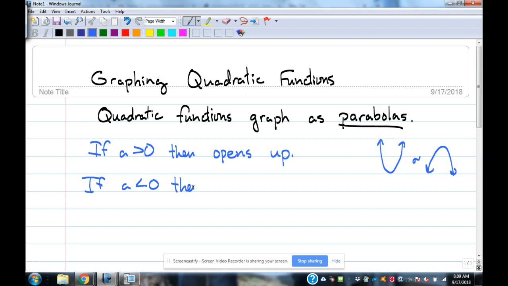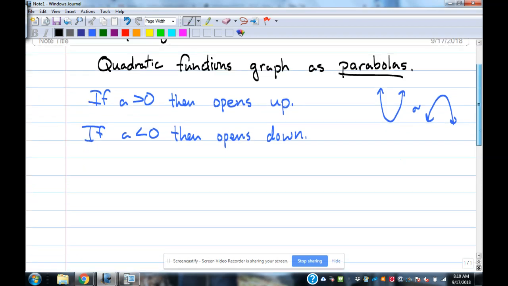Negative. If A is positive, it's going to open up. That's this way, up. If A is negative, it's going to open down. That's this way.